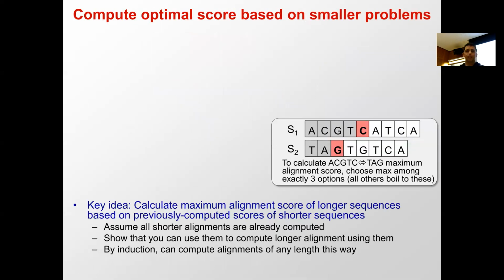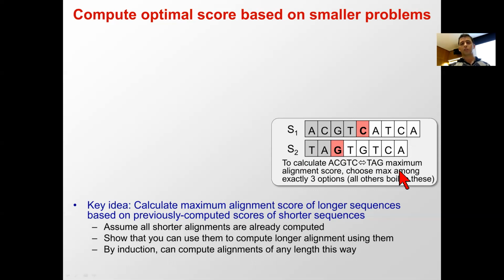So the key idea is that in order to calculate this ACGTC versus TAG alignment score, not just some score, but the best possible score that I could obtain to align those. And I'm not gonna worry how I got that score. I'm just gonna worry about what that score is.